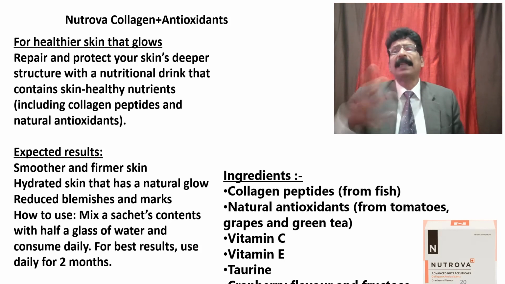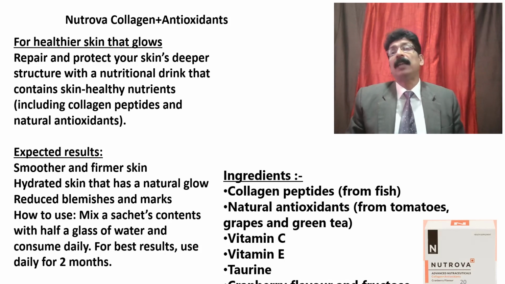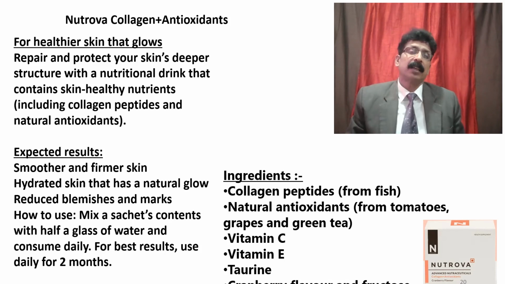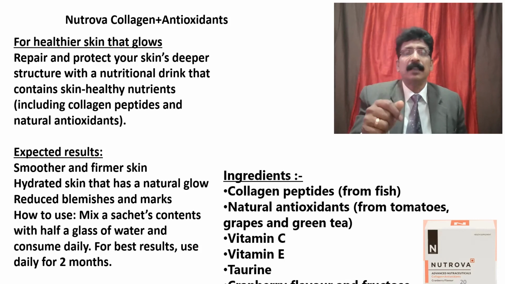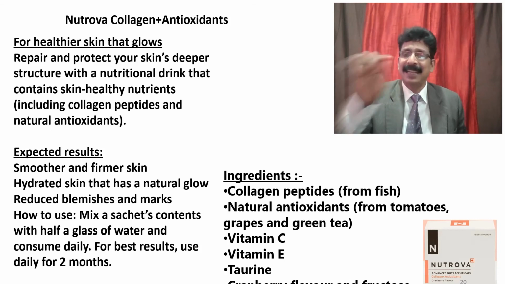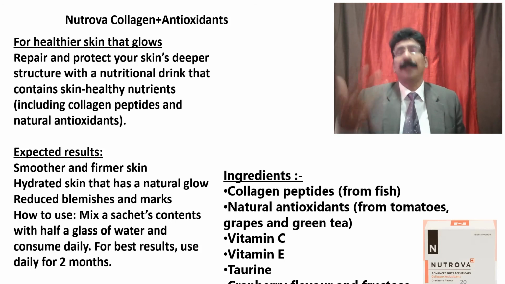Expected results: smoother and firmer skin, hydrated skin that has a natural glow, reduced blemishes and marks. And how to use this? Mix a sachet, which is shown in the picture, in half a glass of water and consume daily. For best results, use daily for 2 months.